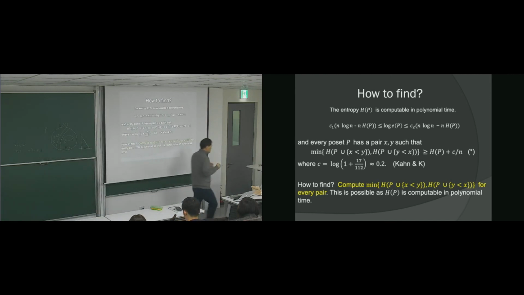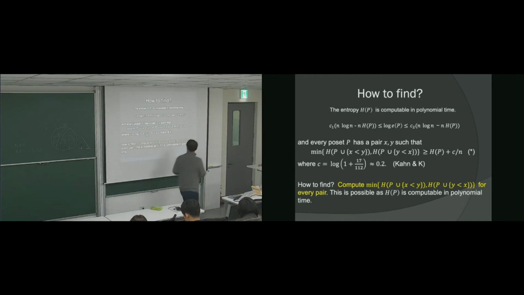But entropy is easy to compute. We can compute this one for every pair xy. It requires only n squared times a basic number of computations, which is still polynomial time.